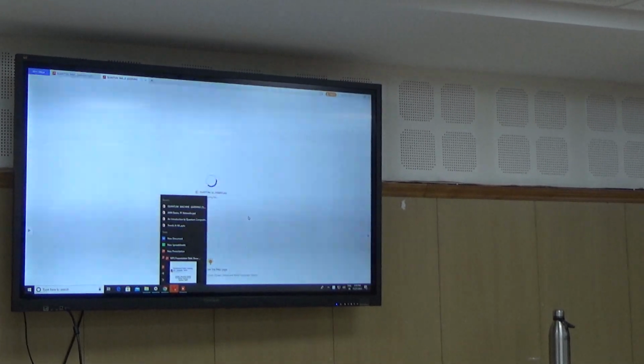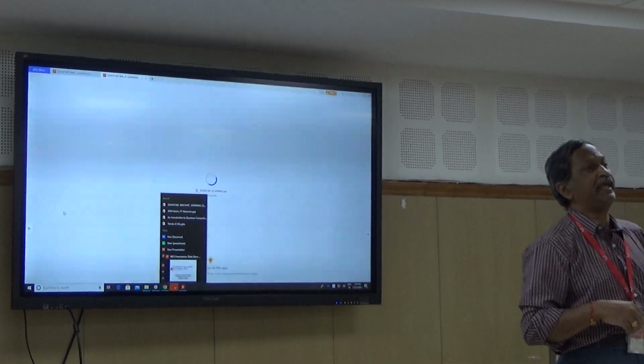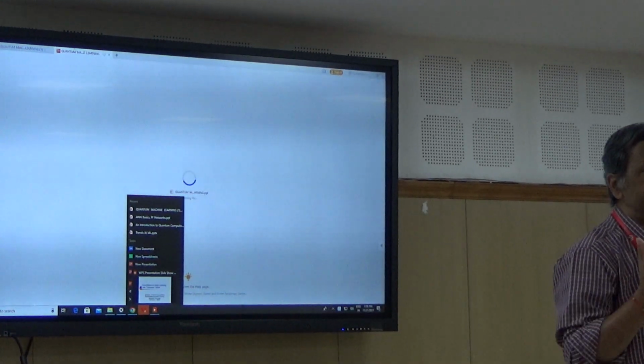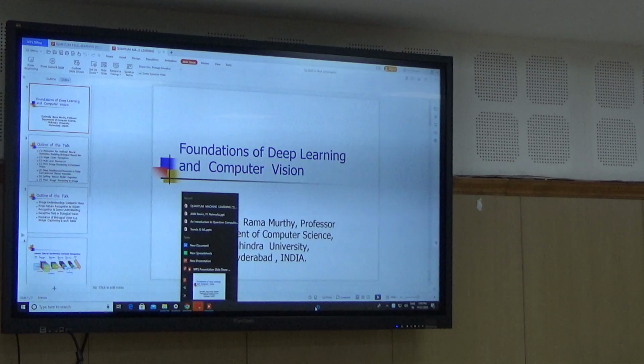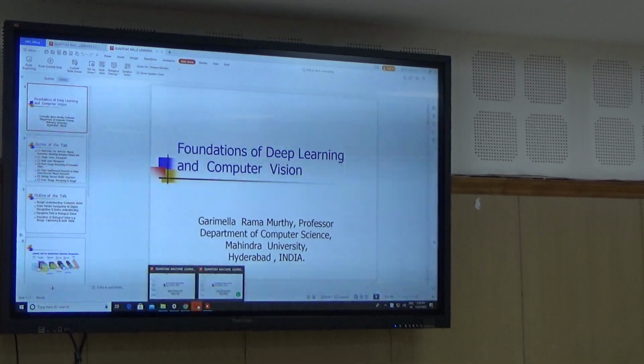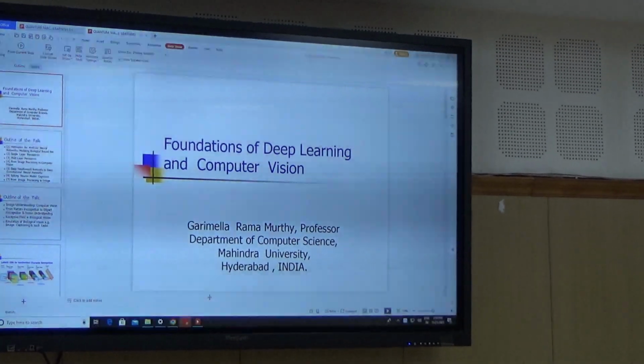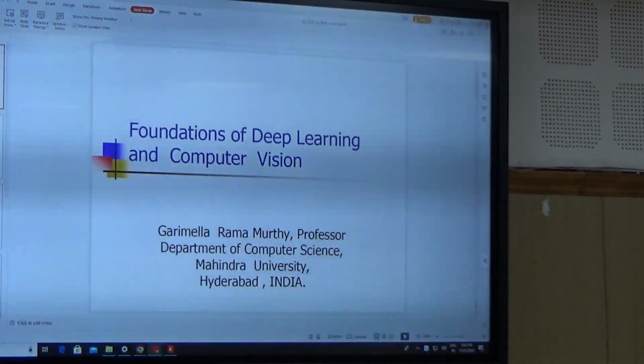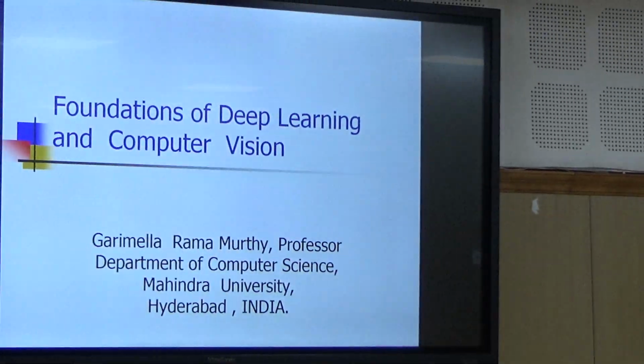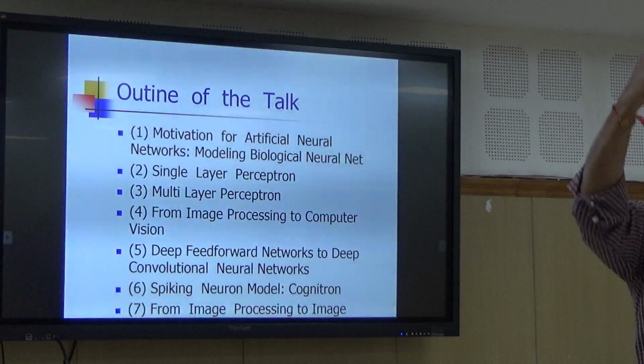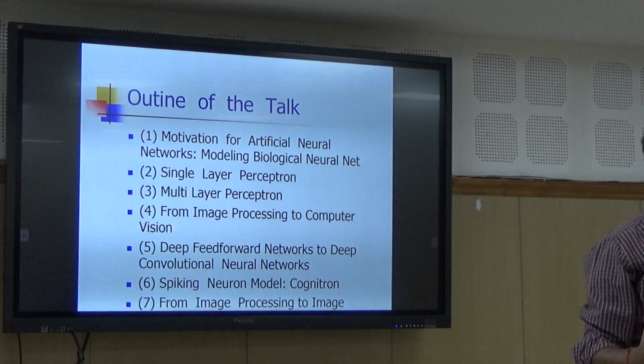This is the problem statement. Even to this day with CNNs, it's a classic problem. Image segmentation or video segmentation. So the foundations of computer vision go back to image processing.